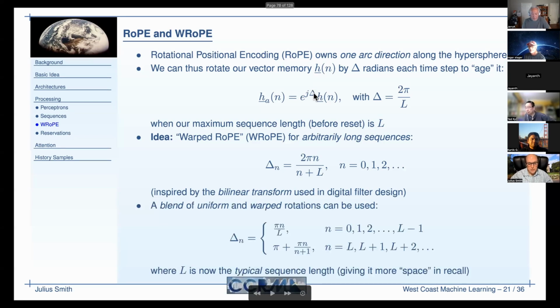And here's a little fine point. I think this could be a paper, if anybody wants to work on it, you can have the idea. I would love to get around to all this, but I don't know when I will. It's ongoing, and you're welcome to take it over. So here's a blend of uniform and warped rotation. You start with uniform up to your expected, typical sequence length, and then you go into this compressive regime that never gets there.